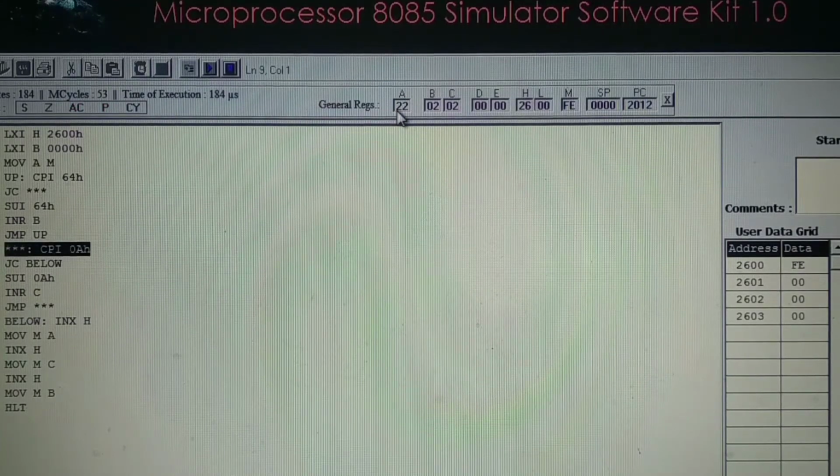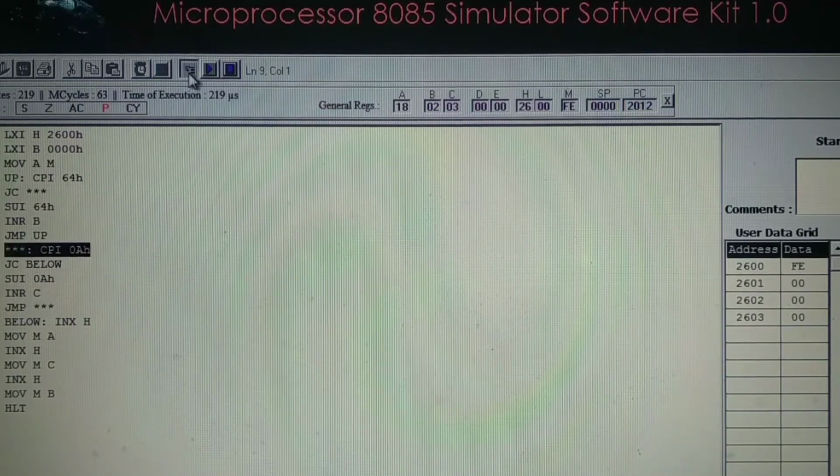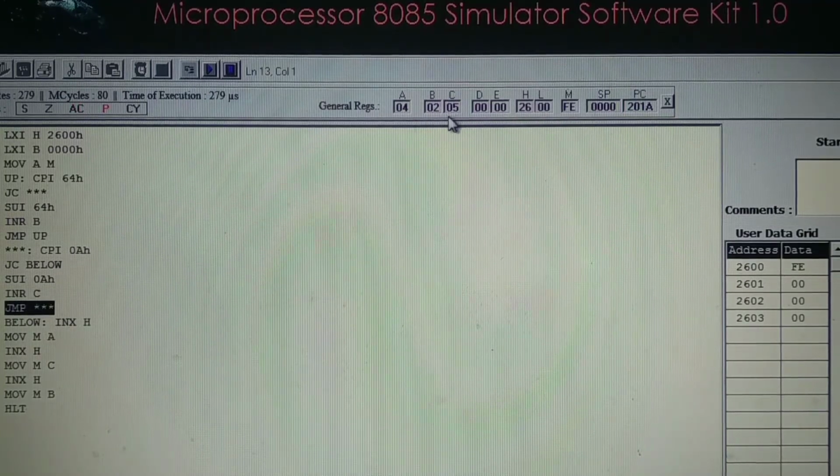Here you are getting A and C. Concentrate on A and C. Greater, subtract, less. Here 5 times we subtracted, accumulator equals 4.